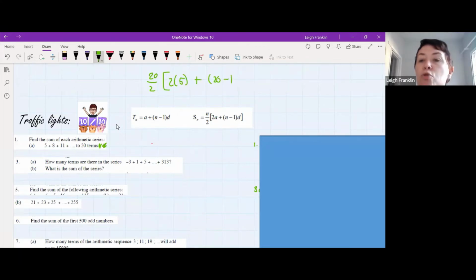And then 20 minus, say 20 minus 1, Michelle. Yes, 20 minus 1 is 19. And then you're going to have your 3 over there. Then close bracket in another bracket. Yes. Okay, got it now. So this bit at the front is n over 2. Then this is 2a plus n minus 1 d. Okay.